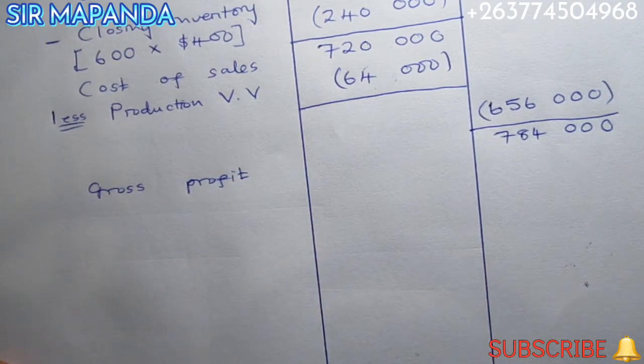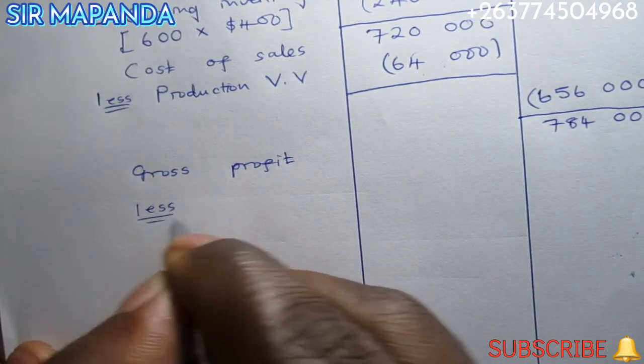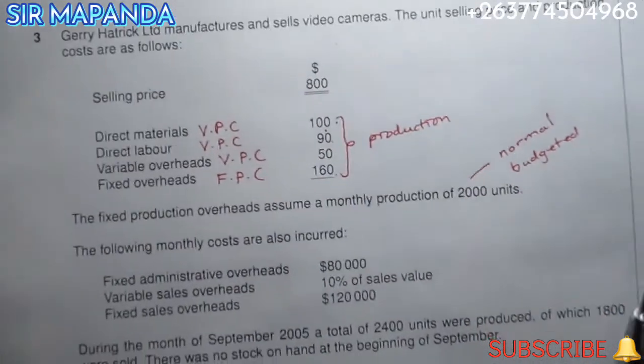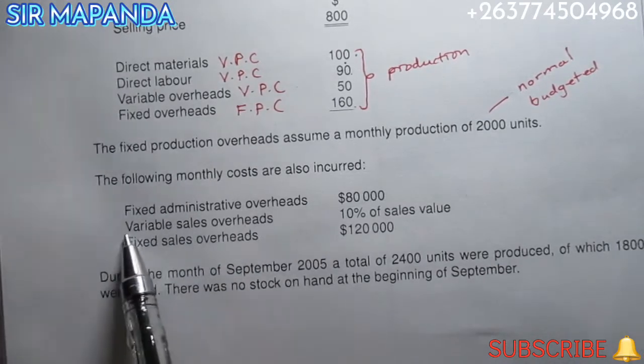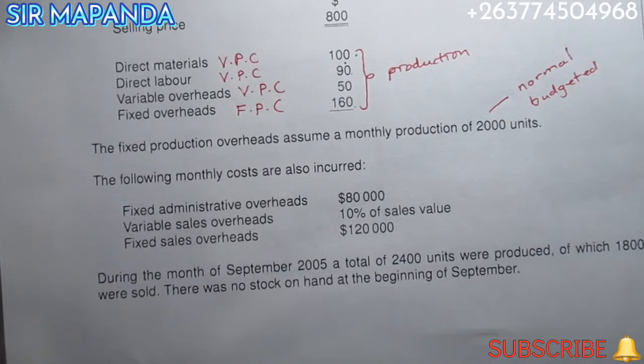Right. So now that we have the gross profit figure, we move on to the heading less expenses. So we now have the remaining costs, which are fixed admin, variable sales overheads, and fixed sales overheads, which did not qualify to be recorded in the unit cost statement.